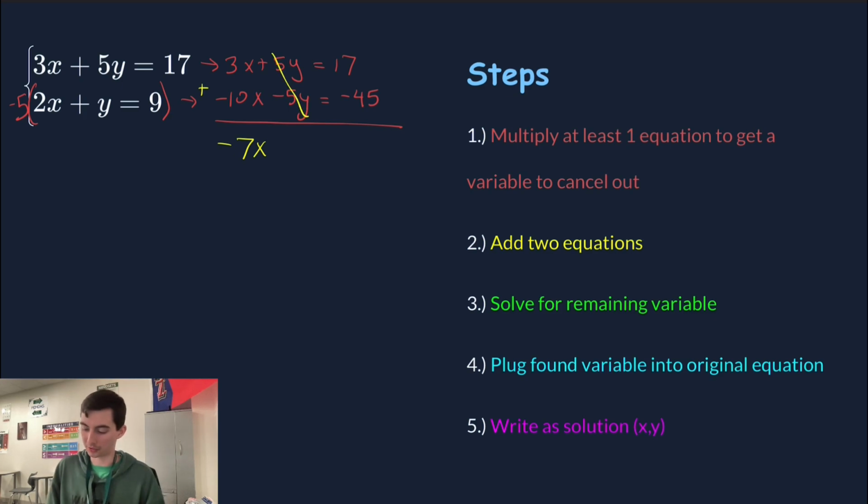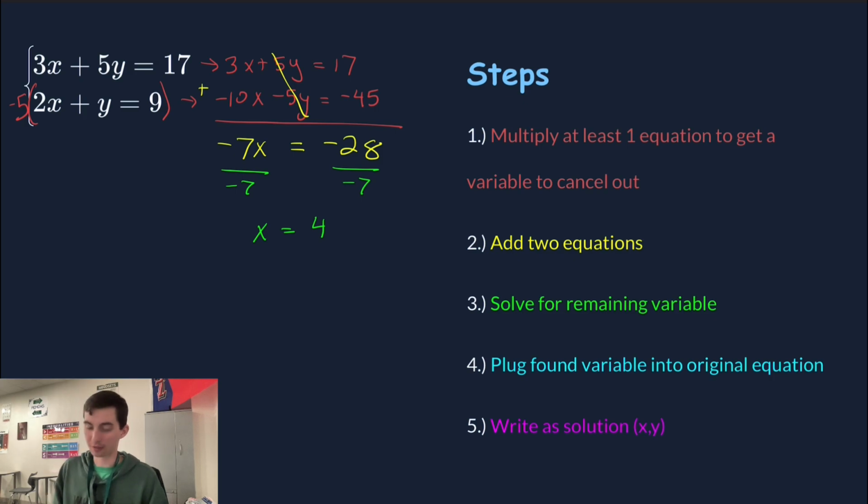My y's cancel. And then 17 minus 45 gets me negative 28. And now I solve for x, and it's only one step. Just divide by negative 7 to get x is equal to negative 28 divided by negative 7, which gives me a positive 4.